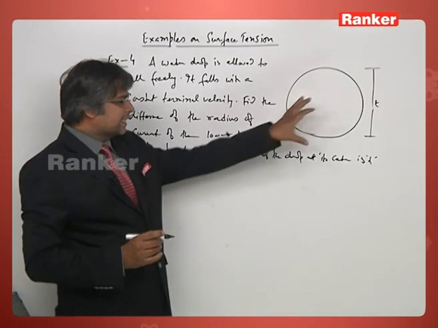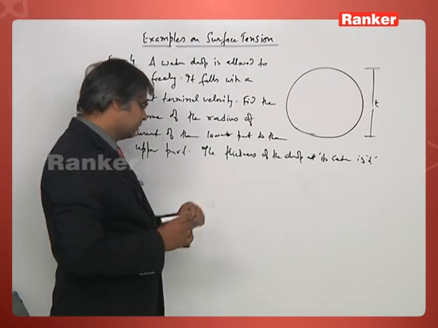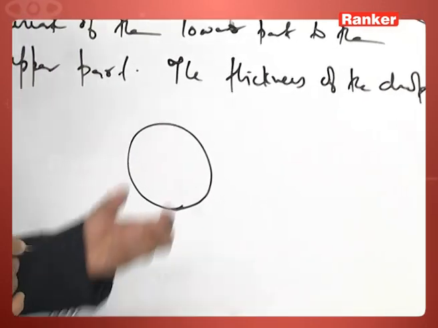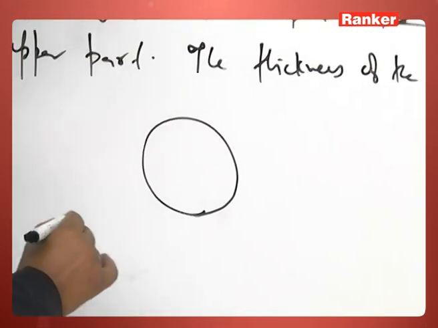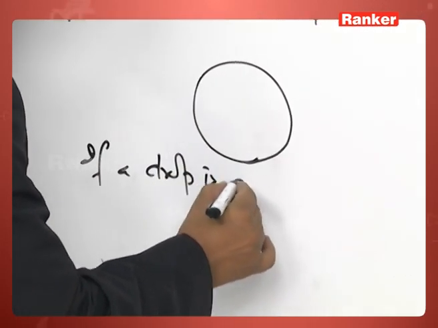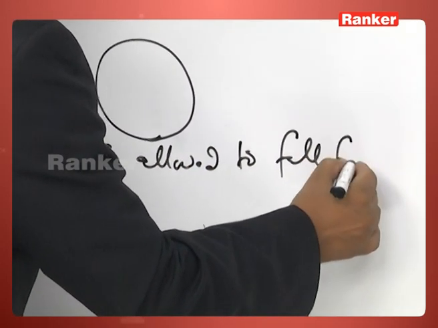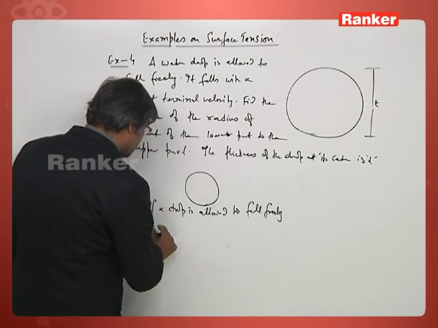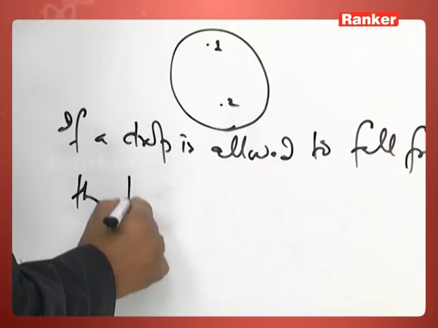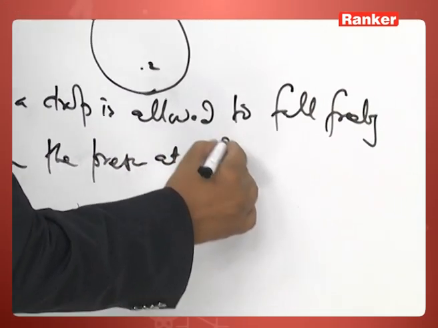So now let us calculate the radius of curvature at this point and this point. So number one point is that if a drop is allowed to fall freely, then the pressure at 1 and 2 is the same.